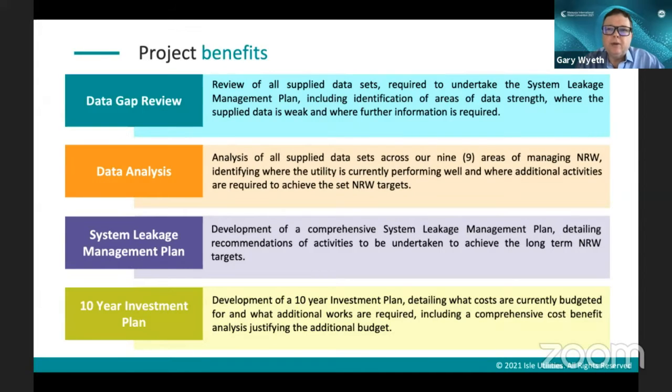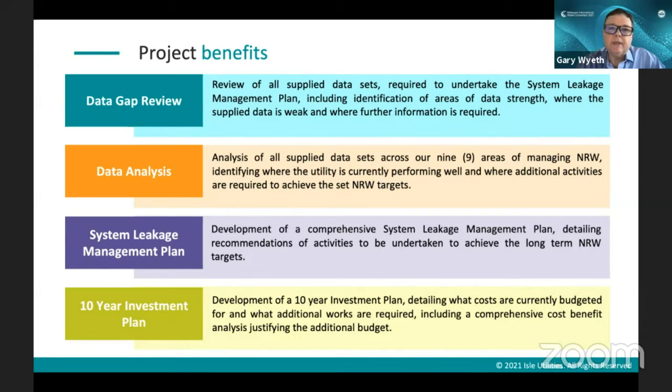The way that we go through this plan is the first step is to do a data gap review. Most utilities, or all utilities, have sets of data, whether it's GIS maps, customer billing databases, lists of assets that you have in the ground, asset databases, or even data logger pressure and flow data.